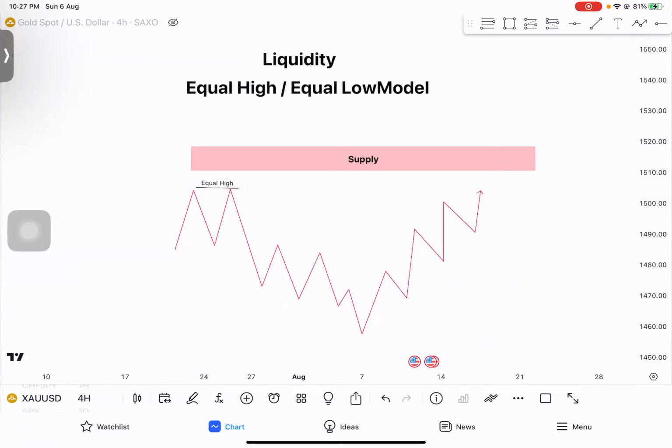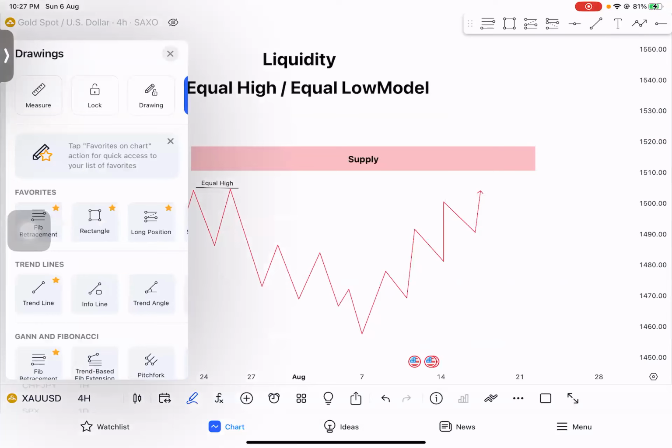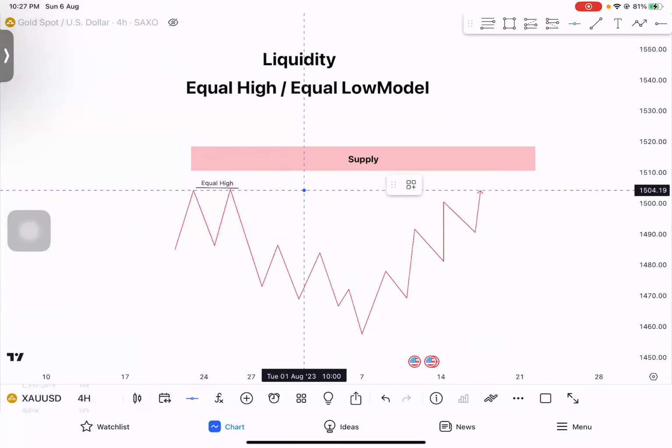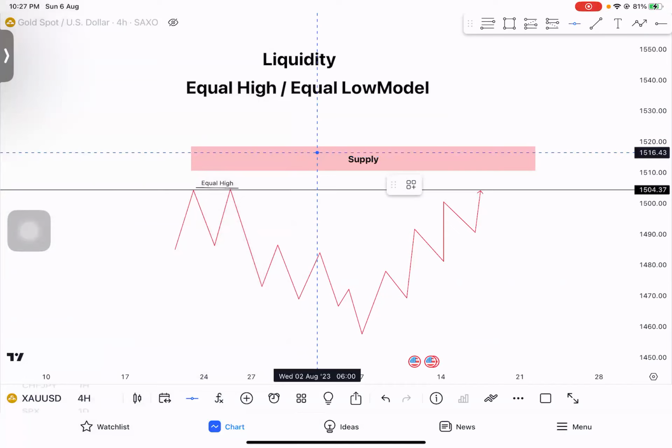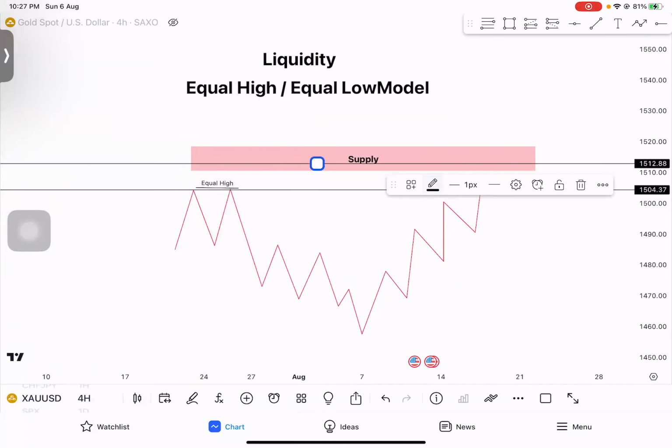This is their limit order, probably around this level, and their SL will probably be above the double tops, maybe 10 to 20 pips above. This will be their stop loss level.